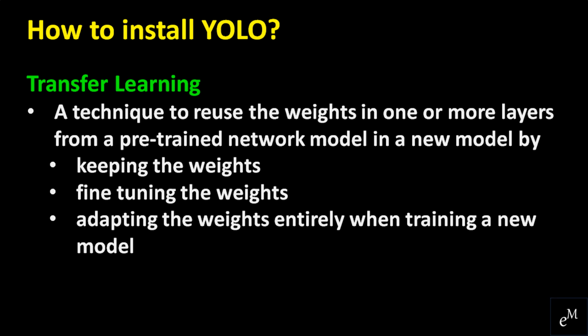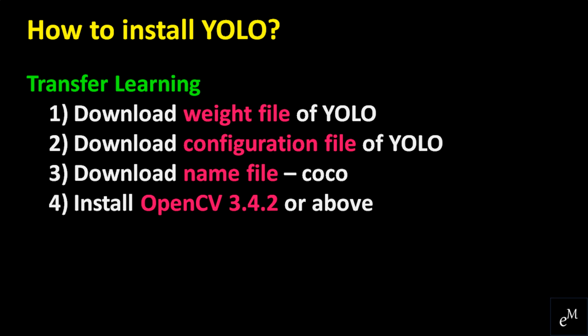This means that we're using the weights in one or more layers from a pre-trained neural network model in a new model, by keeping the weights, fine-tuning the weights, or adapting the weights entirely when training a new model. In YOLO, we are applying similar concepts.